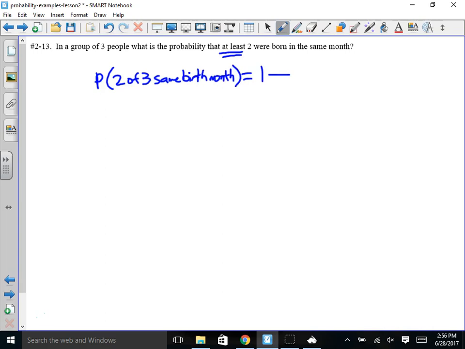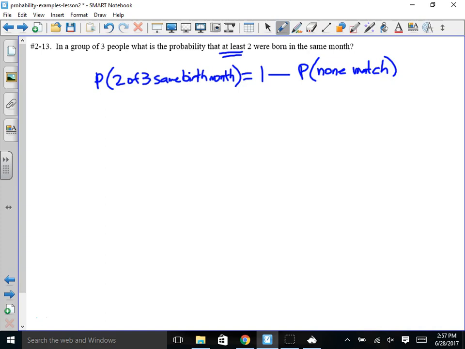So what's the opposite of at least 2 of the 3 people having the same birth month? The opposite is that none of the 3 people have the same birth month, that none match at all. And it turns out that that's easier to find the probability of than the probability that at least 2 were born in the same month.